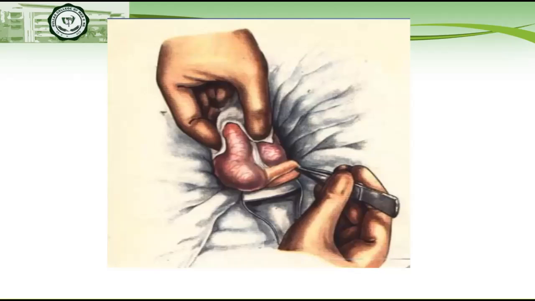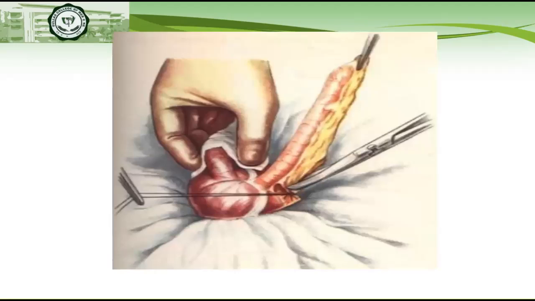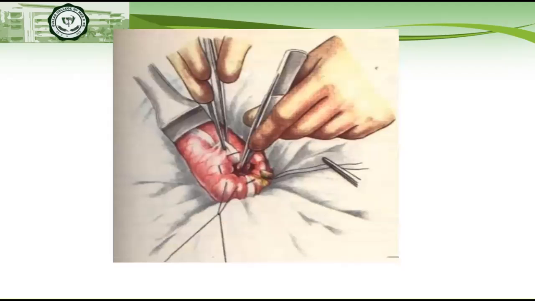So this one is identifying the base of the appendix here. And then this is serial ligation of the mesoappendix. Yes, here you ligate the mesoappendix. Then you doubly ligate the base of the appendix before you sever it.